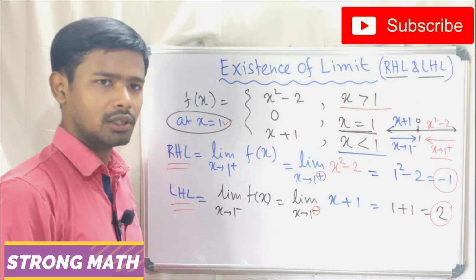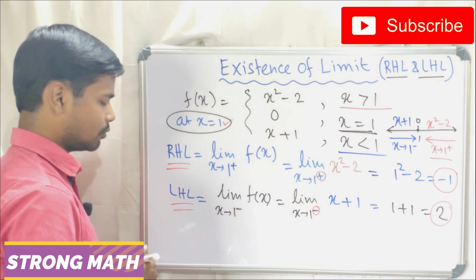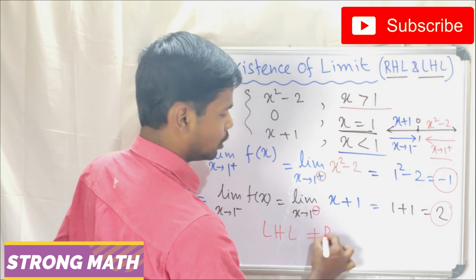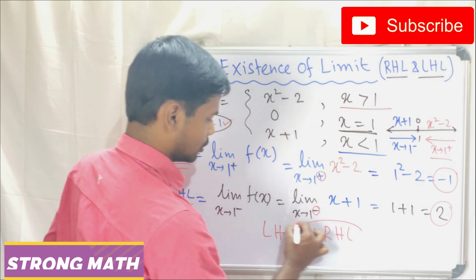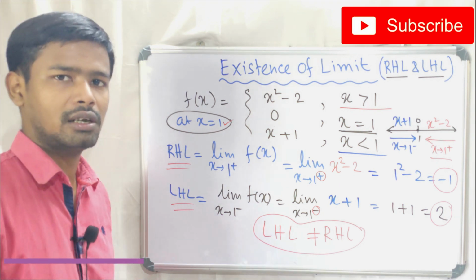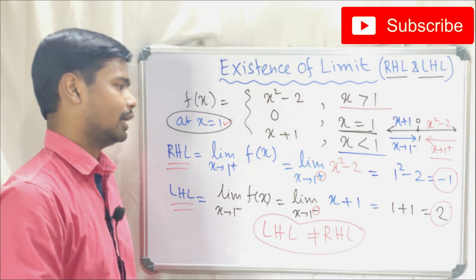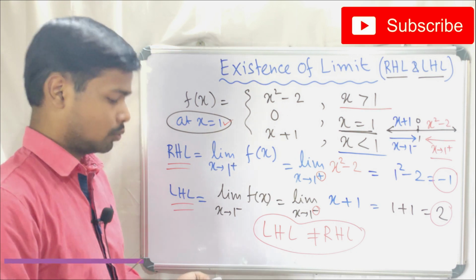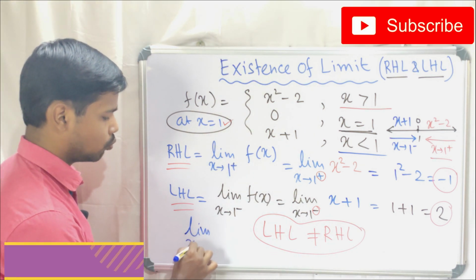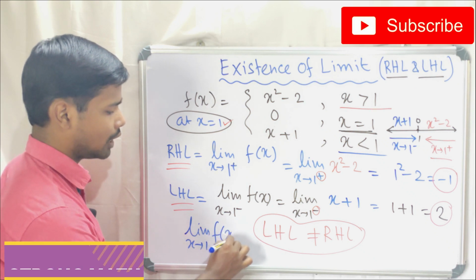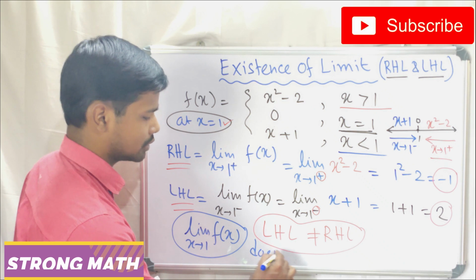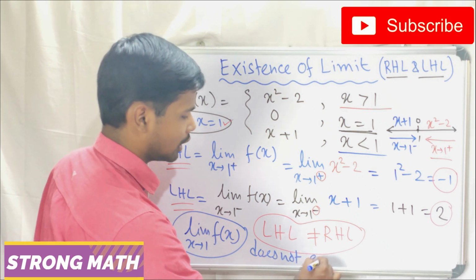They are not equal. Here we can write left hand limit is not equal to right hand limit. So by the criteria of existence of limit, it is clear that this limit, the limit as x tends to 1 of f of x, does not exist.